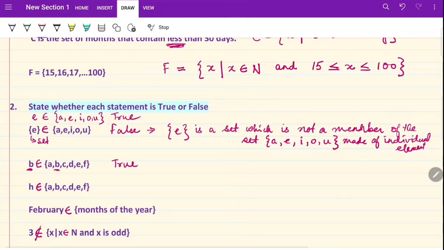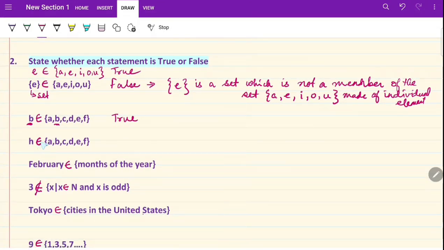However, if this B were to be surrounded by curly brackets, then it would have been false. So keep that in mind: when you're trying to determine if an element is a member of a set, it shouldn't be surrounded by curly brackets. The next one is H belonging to A, B, C, D, E, F. This is a false statement.